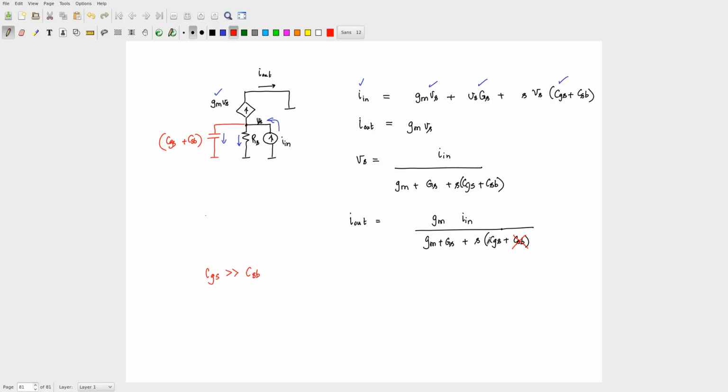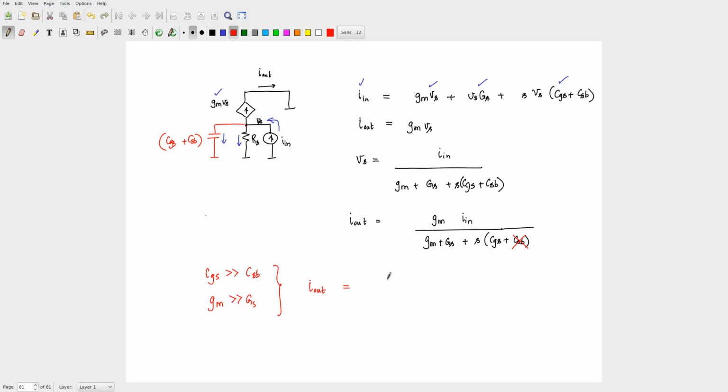Because if you did not have all these capacitors, then this expression is going to be Gm by Gm plus Gs into In, and you want this to be equal to 1, which means you are working in the approximation that Gm is greater than Gs. So with these two approximations, what happens to I out?